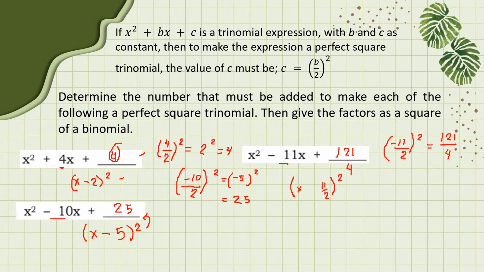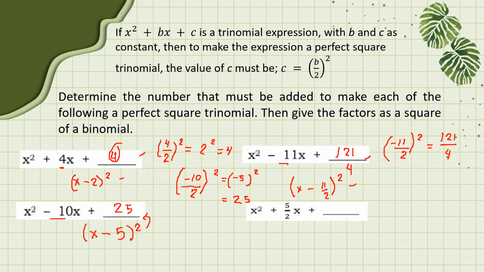Negative po yung b value natin, so ibig sabihin, ito po ay negative. So ito na po yung factors of a square of a binomial. Ito naman po ang perfect square trinomial natin. Next, last example. Ito naman, what if ang given nating b ay fraction?